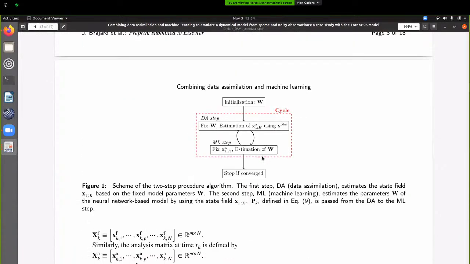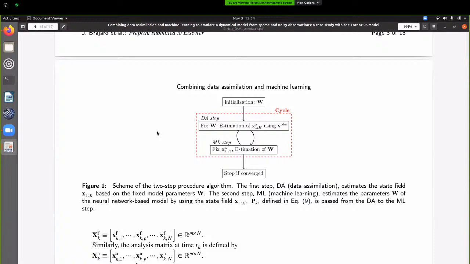So this whole setup where you have an iterative algorithm where you're trying to estimate some parameters of a dynamical system through first estimating a state sequence, and using that, updating your estimates of the dynamical parameters, that has been around in machine learning for a while. So for those of you who've looked into the second paper, there's this algorithm called expectation maximization, which goes back to Dempster et al. 1977.